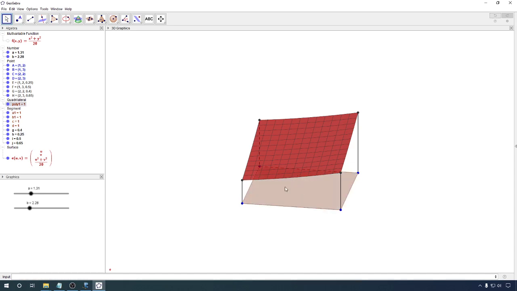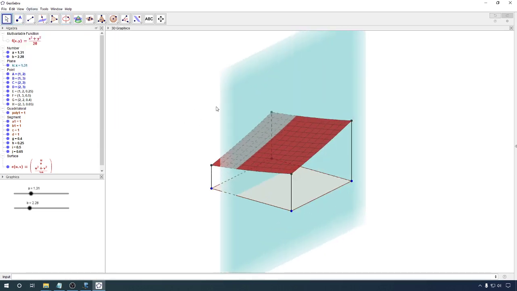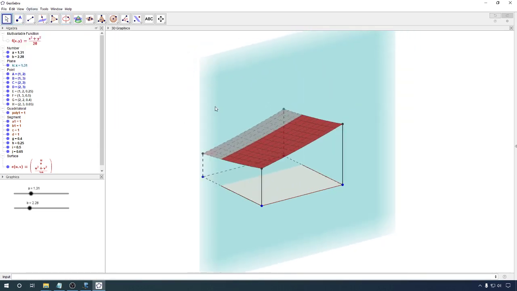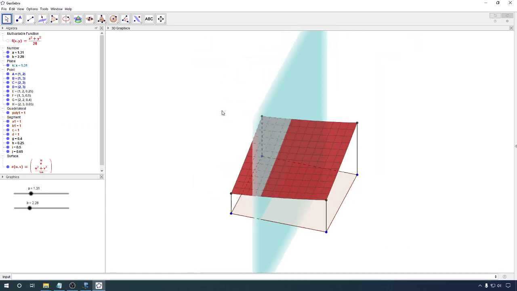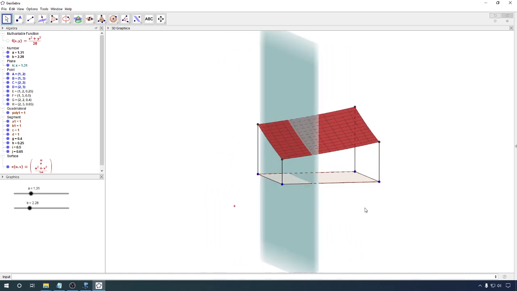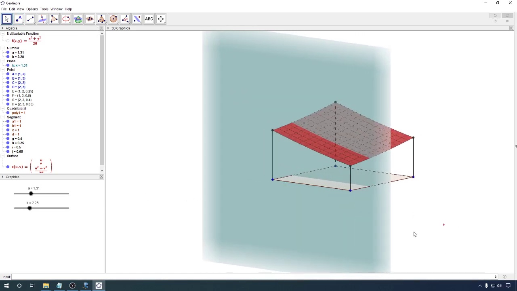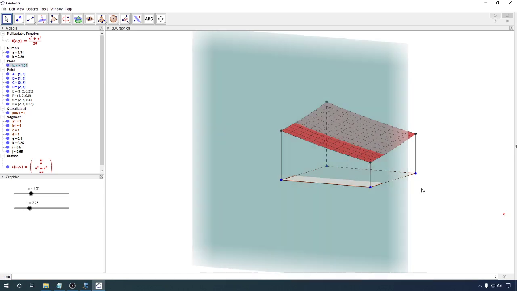Like I said, we're fixing x to be a particular number. So maybe I'll say let x be this slider a. That will give us a plane in three-dimensional space, and that will cross through the thing that we're trying to take the volume of. And you can kind of imagine what we're really doing here is we're finding the area of the cross section that's inside there.